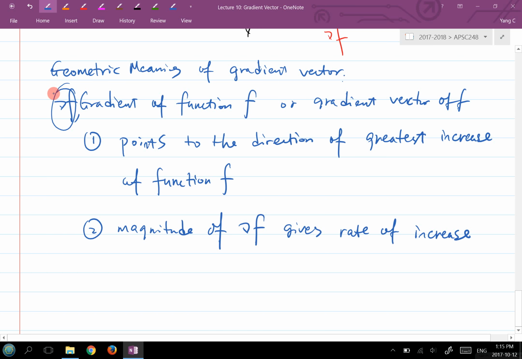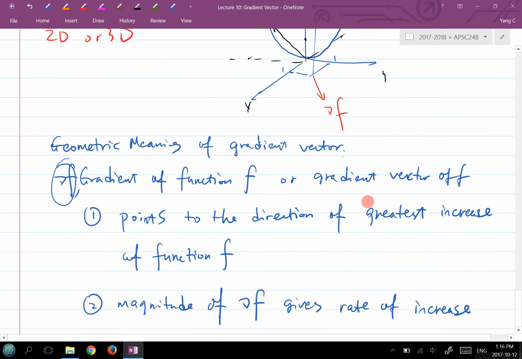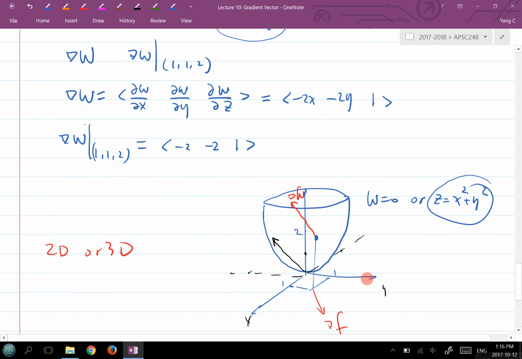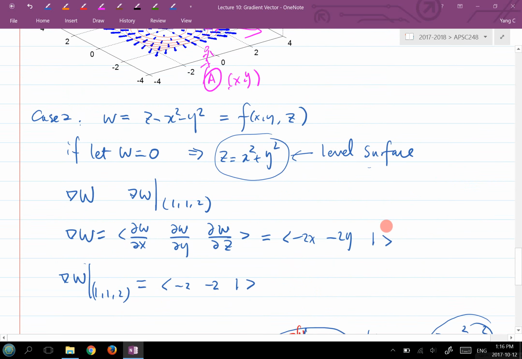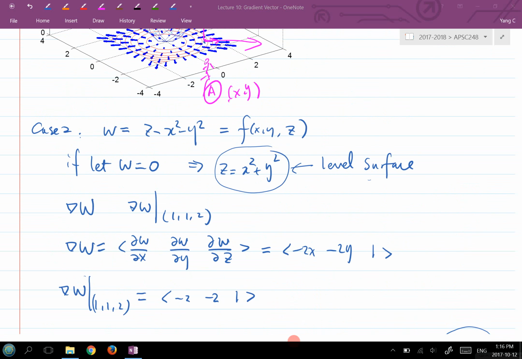Del f is a vector. As a matter of fact, this whole thing is all about derivatives. It's just a transition from a simple derivative to a derivative in vector fields. But in terms of what it really means, it's still a derivative operation.